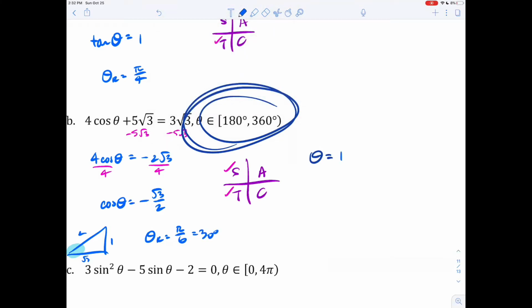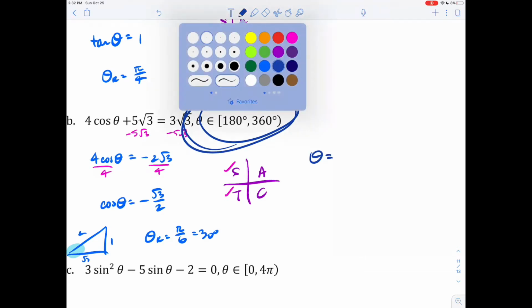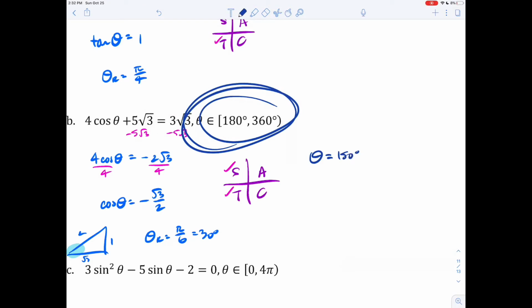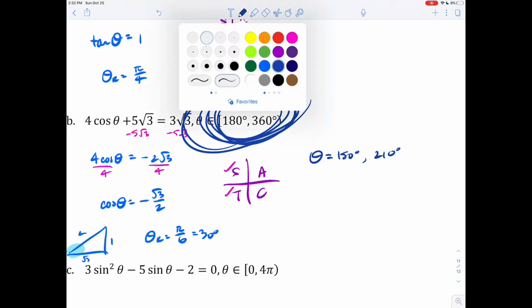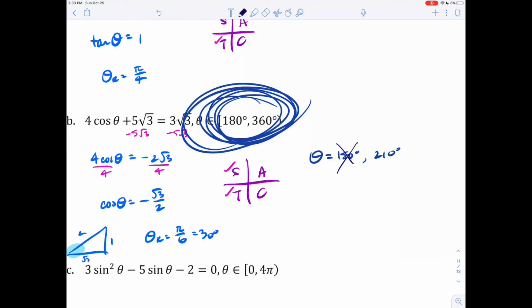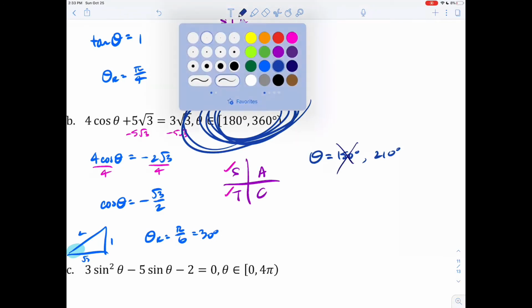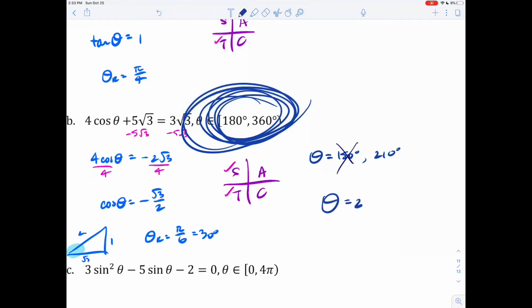Quadrant 2, 150 degrees. And quadrant 3, 210 degrees, but again, still looking at this domain, we have to be from 180 to 360, which means that we can't really take that one. So our only possible answer is 210 degrees.